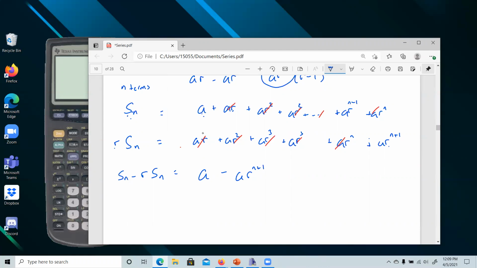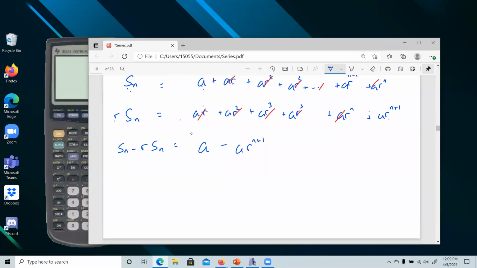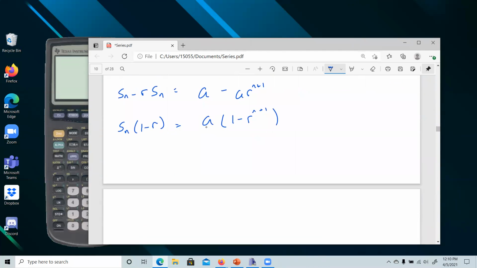So what we're going to do is we're going to say, well, let's take Sn out of here. We have 1 minus r, right? Sn is equal to a times 1 minus r to the n plus 1. And what we're going to do is we're just going to divide. So our partial sum, or our nth sum, is going to be a times 1 minus r to the n plus 1 over 1 minus r.